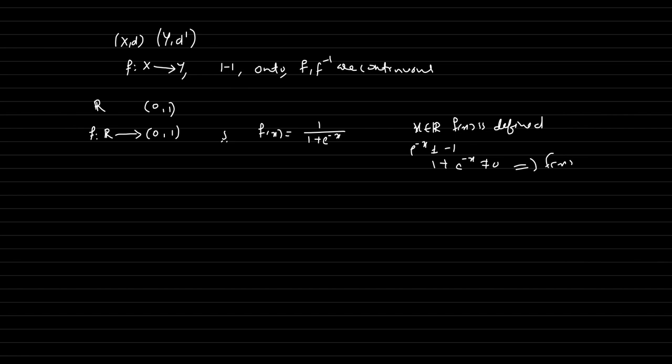Now, we need to prove this is a one-one, onto and continuous function from R to (0, 1) with f inverse also continuous.